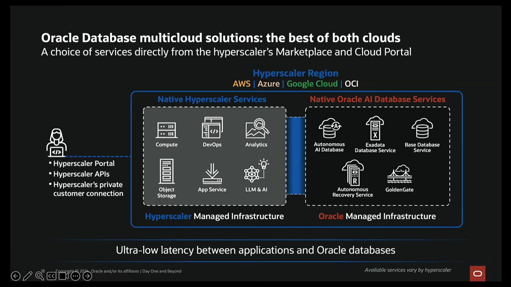And the infrastructure is physically segregated for security with fine-grained access controls and federated identity built in, and you'll have close physical proximity of your Oracle AI database services to hyperscaler compute, application, analytics, and AI services that gives you low latency, high bandwidth, which is crucial for most of your applications.